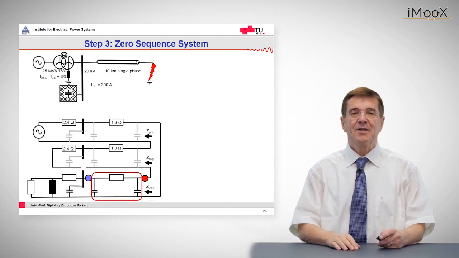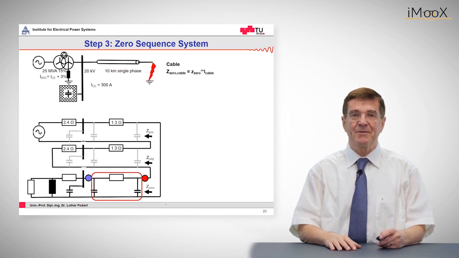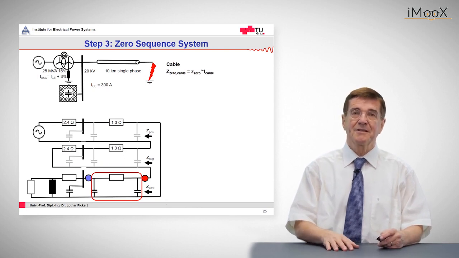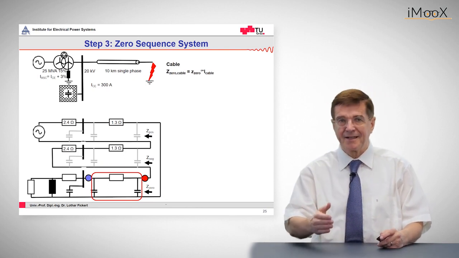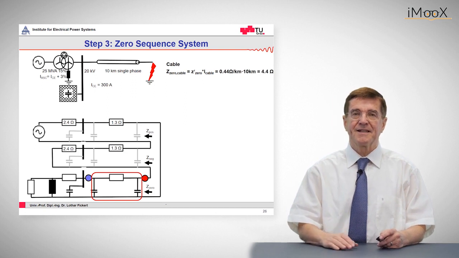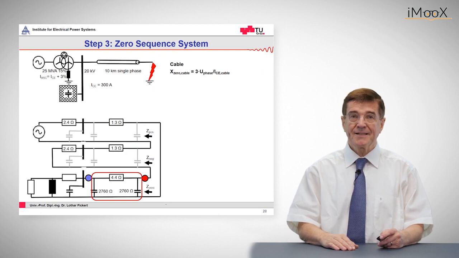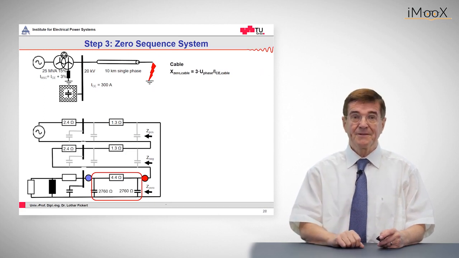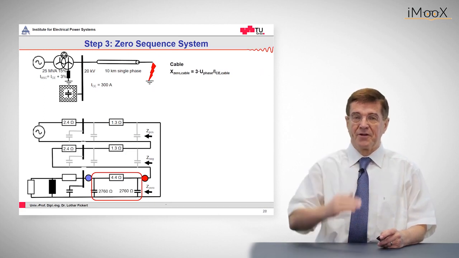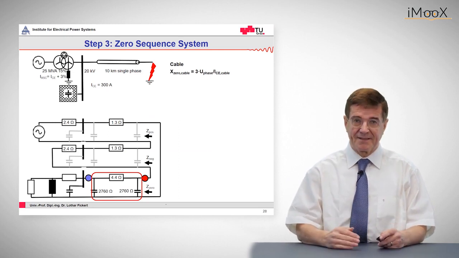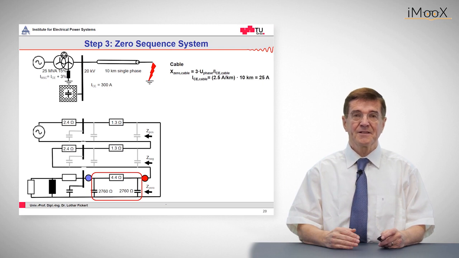Now let's see what is the zero impedance of the cable. The zero impedance of the cable is given by this well-known formula, specific impedance times line length, and that comes out in this case as 4.4 ohms. But the cable also has, and this is important, transverse impedances, these capacitive reactances, and they are calculated as follows.